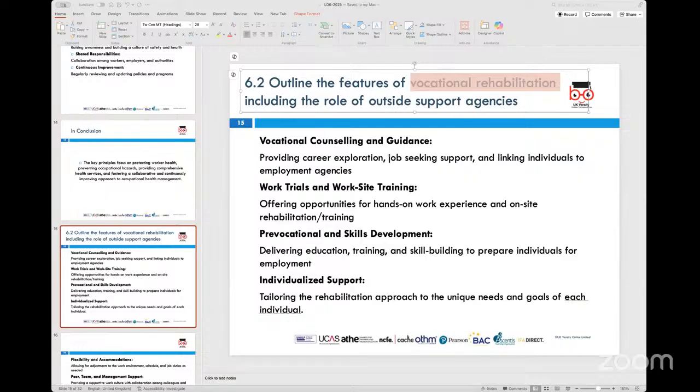It is a process designed to help individuals with disabilities, illnesses, or injuries return to work and maintain their current employment by providing personalized assessments, interventions, and also support services.